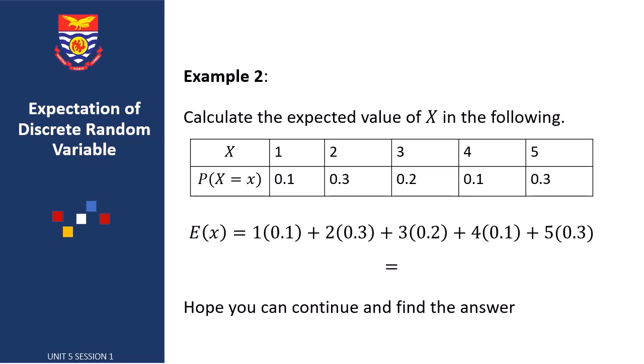So in this case, how do you do that? The first random variable 1 has its corresponding probability 0.1. So 1 times 0.1 plus 2 times 0.3 in that order, up to the last random variable 5 times its corresponding probability 0.3.